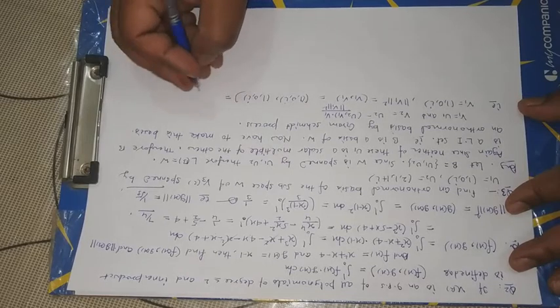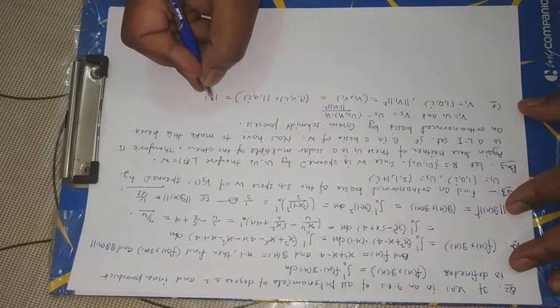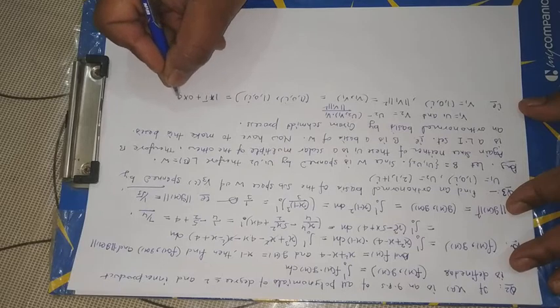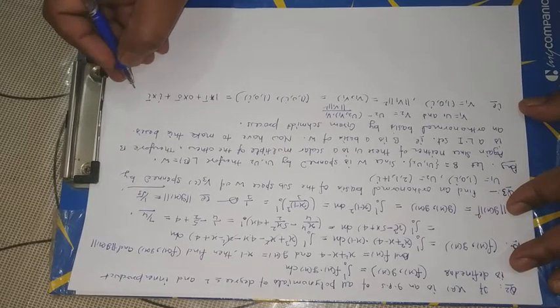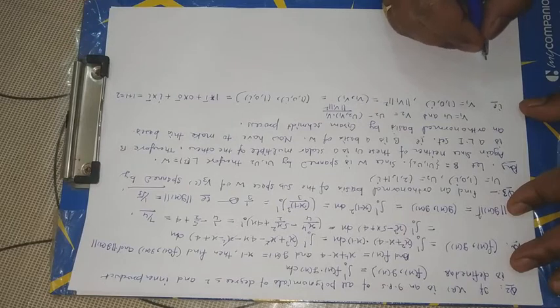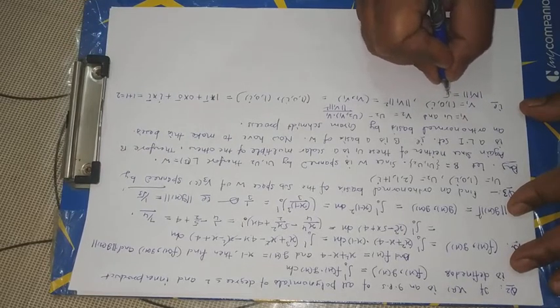This is equal to 1 into 1 bar plus 0 into 0 bar plus i into i bar. This is equal to 1 plus 1, which is equal to 2. That is, V1 norm is equal to under root 2.